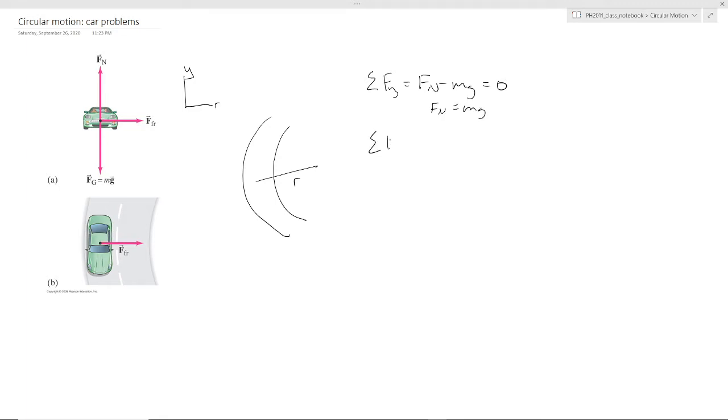And then if we look at the sum of the forces in r, what are we going to have? We'll have the force of static friction. That's going to equal the mass times acceleration in the radial direction. But we know that that's equal to v squared over r.